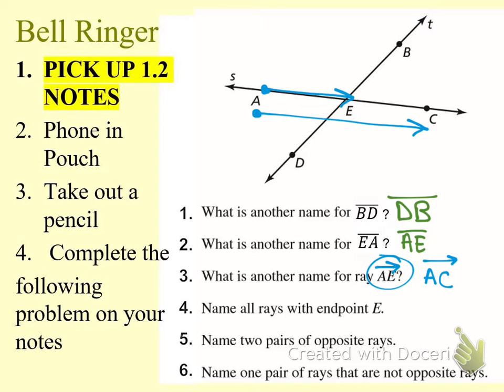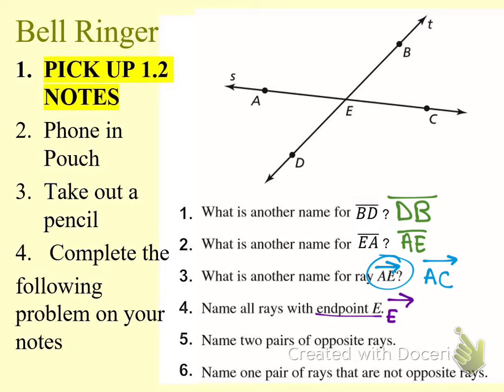All right, number 4, we're going to name a bunch of rays that start with the endpoint E. I haven't had a single class get this correct. If it's the endpoint, is it going to be listed first or second? First. So remember that your book calls it an endpoint. I call it a starting point.